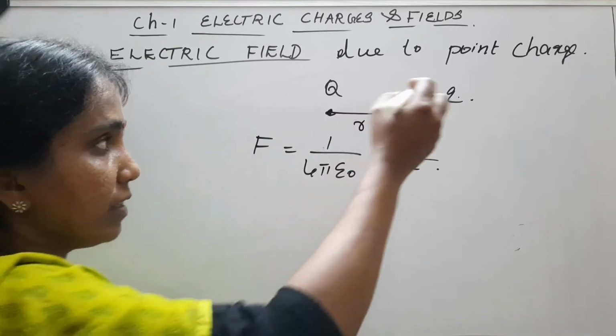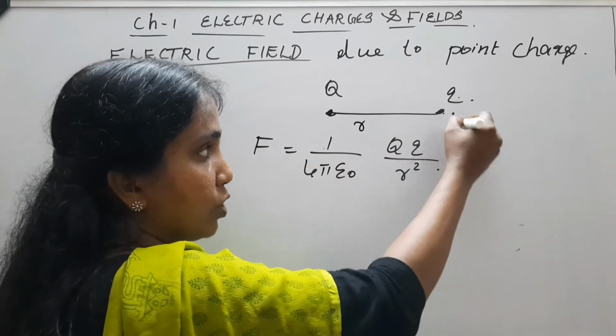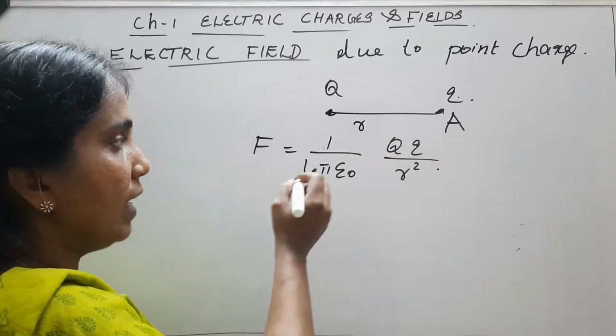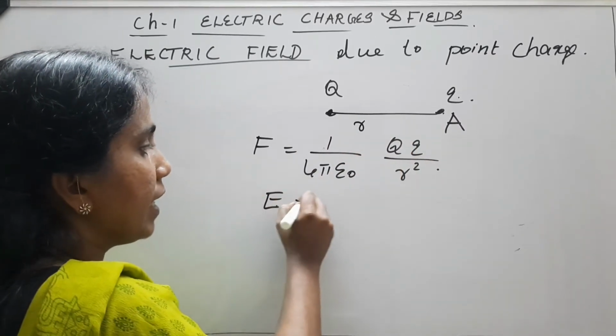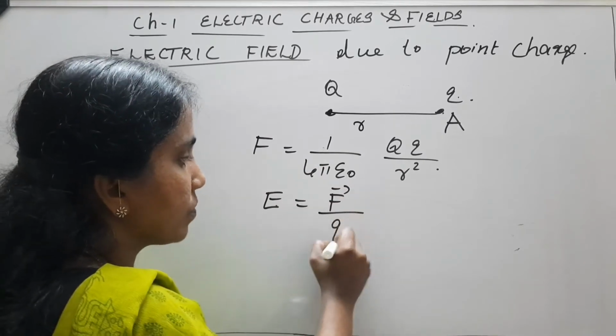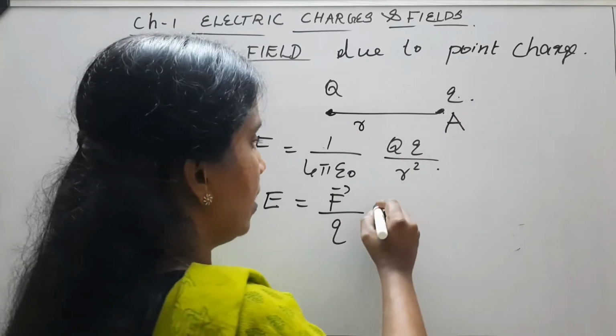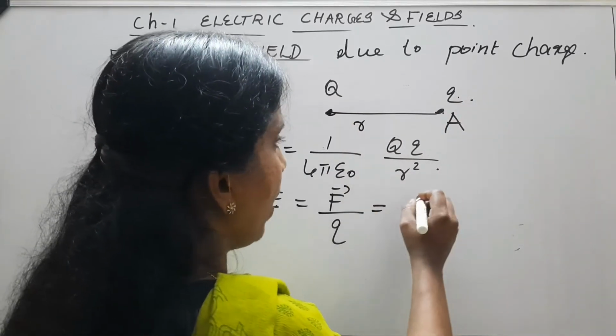Suppose we call that position A. The electric field at that position, E, is given by F by q, because this is the source charge and this is the test charge. So what will be that F by q?